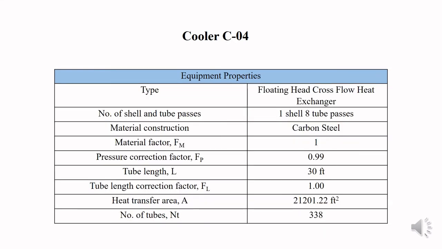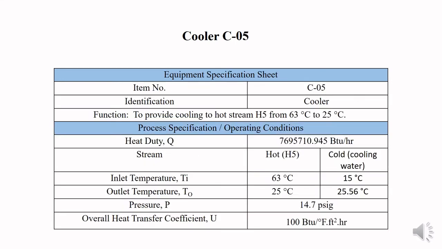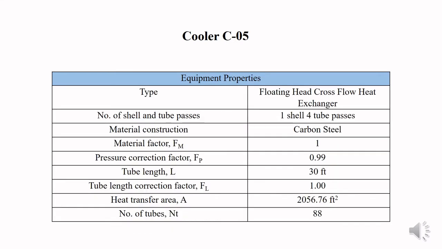The type for cooler C04 is also floating head cross-flow heat exchanger, and it contains one shell with 8 tube passes, and the material of construction is also the same, which is carbon steel. For cooler C05, the function is to provide cooling to hot stream H5 from 63 degrees C to 25 degrees C. And the type for cooler C05 is floating head cross-flow heat exchanger with one shell and 4 tube passes, and the material of construction for this cooler is also carbon steel.